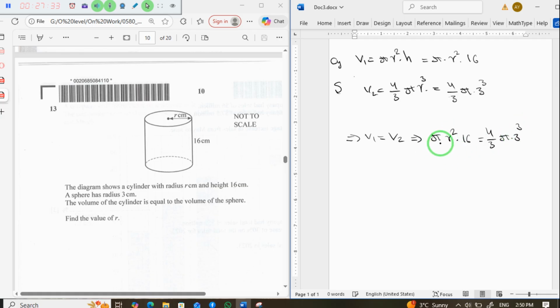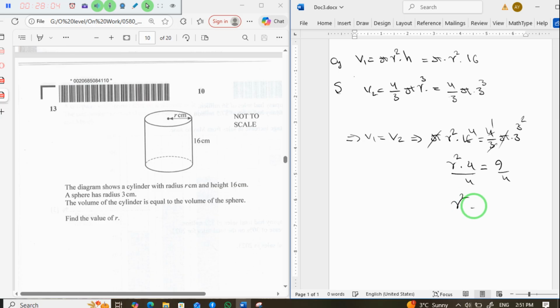Then we can directly simplify pi, and 4 times 4 is 16, 4 equal to 3 and 1, and the 3 square is 9. Then we divide both sides by 4.